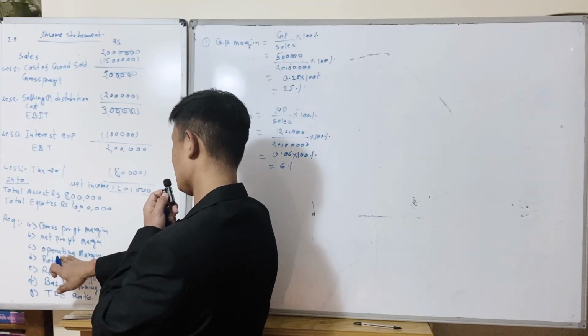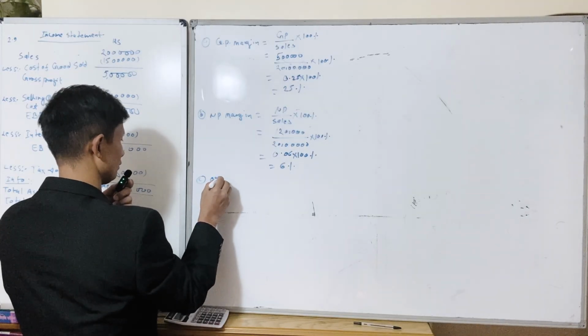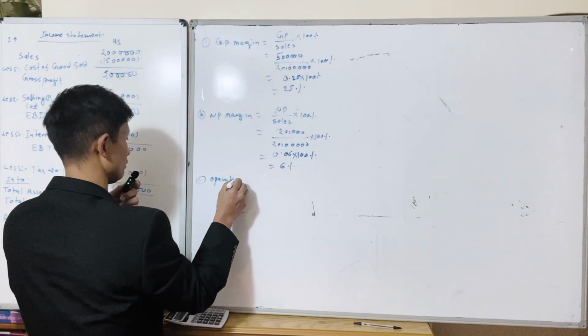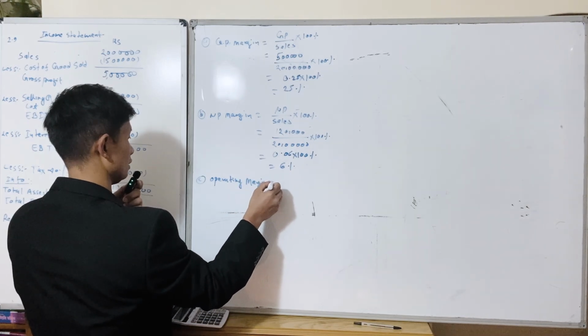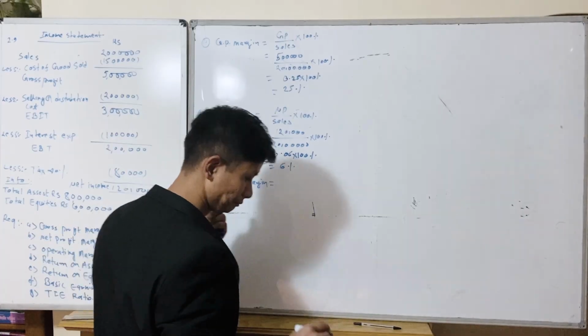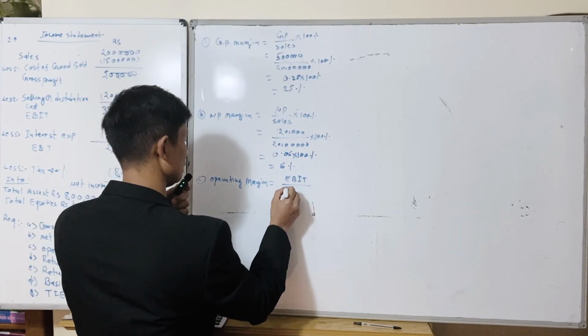The third requirement is operating margin. The formula is earnings before interest and tax divided by sales.